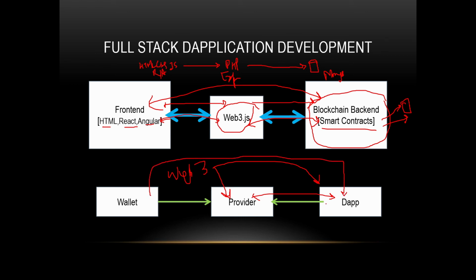There will always be a confirmation or a notification that you need to pay this much for this contract interaction or this contract creation, and the wallet will provide. The wallet won't provide it directly to that application, it will give it to the provider, and the provider makes a connection with that application, and the whole function goes on very well.